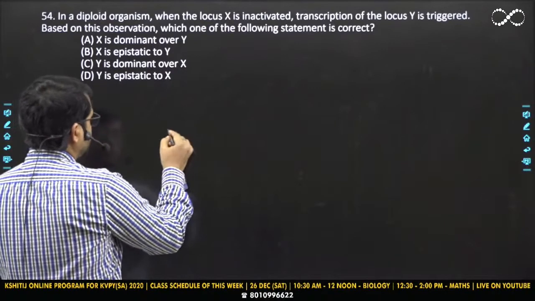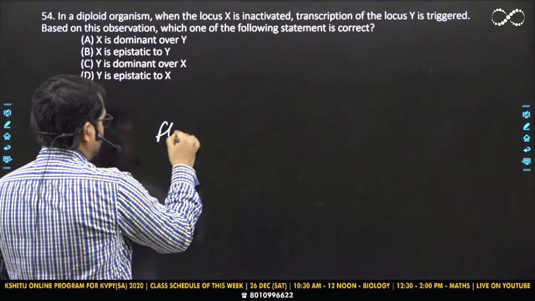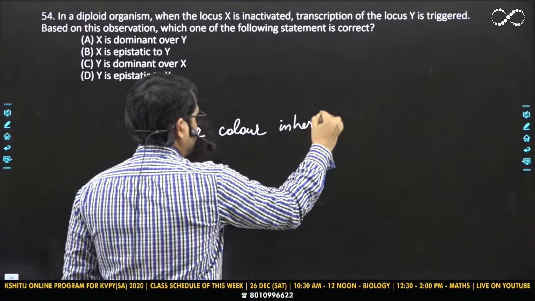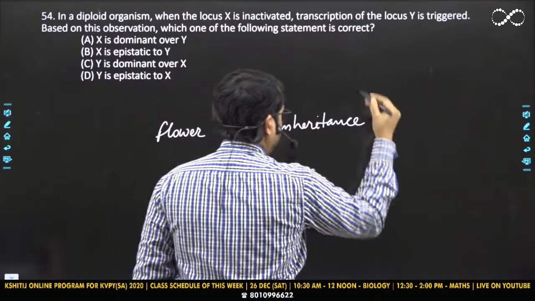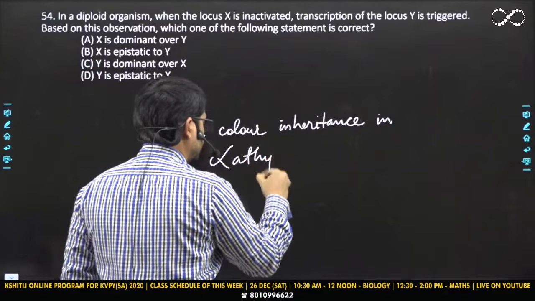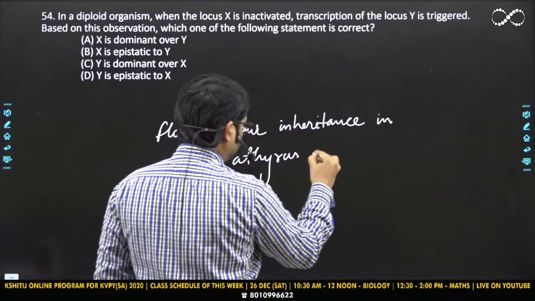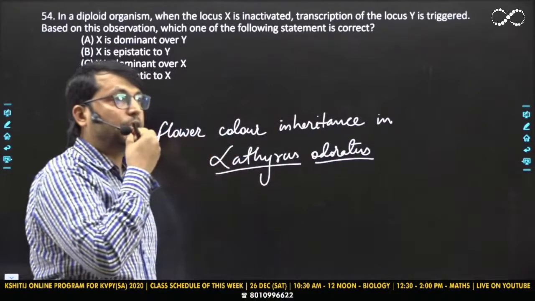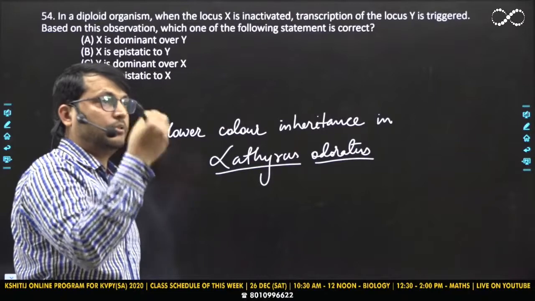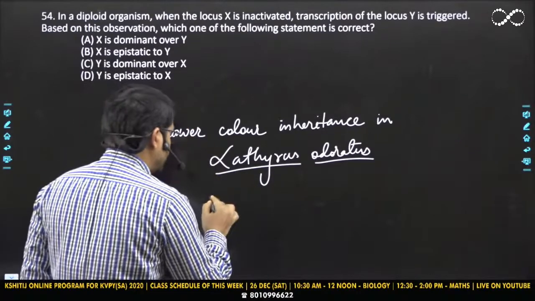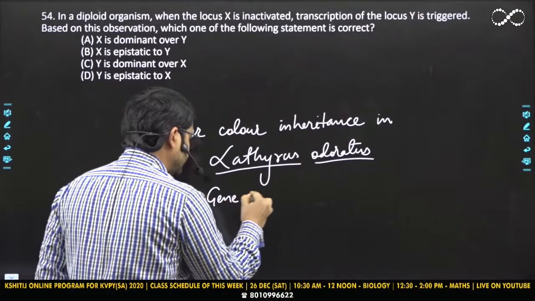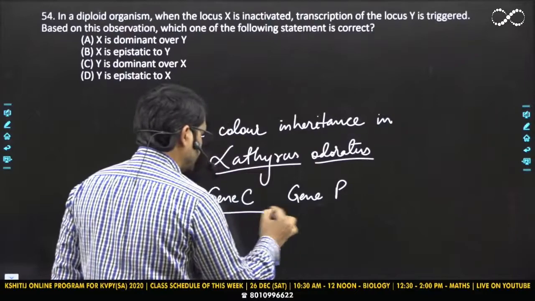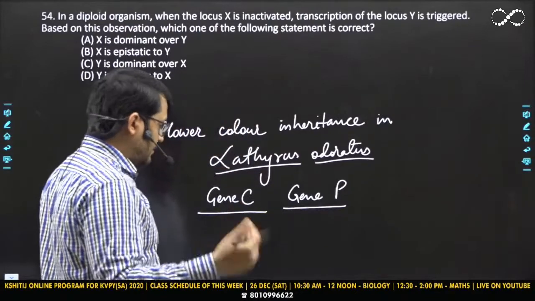So this is the case of flower color inheritance in Lathyrus odoratus. There we already said that there are two genes, called gene C and gene P. Yes, Khesari ka dal, very good, Akhil. And there is a case of epistasis.